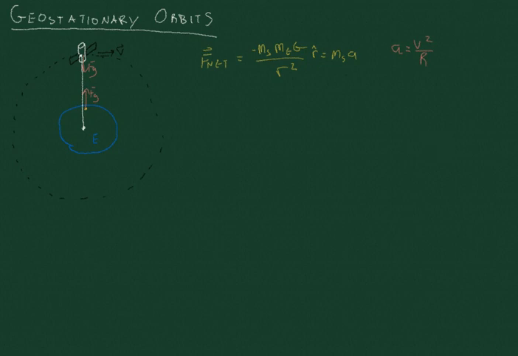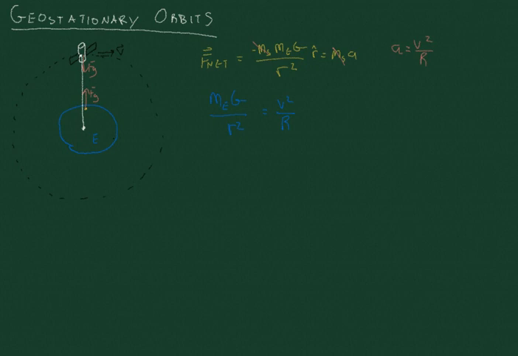and we can cancel out the mass of the satellite. So we see that the mass of the Earth, G, over the distance between them squared, is equal to v squared over r. But of course, we don't necessarily know what the velocity of the satellite is either.